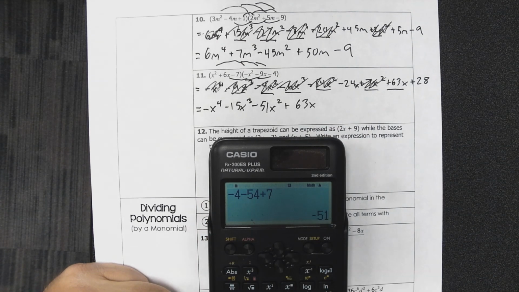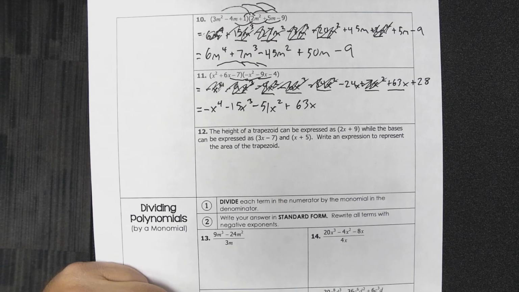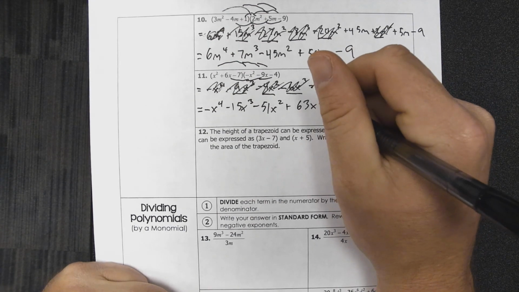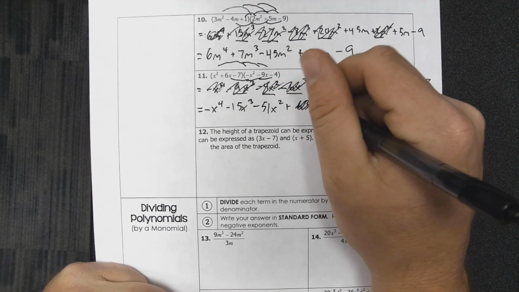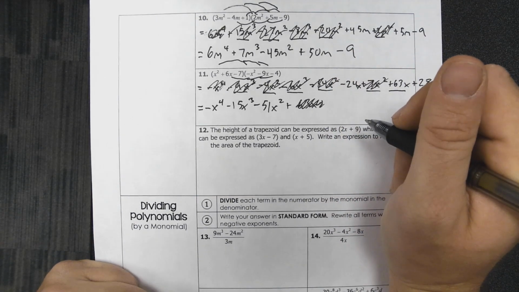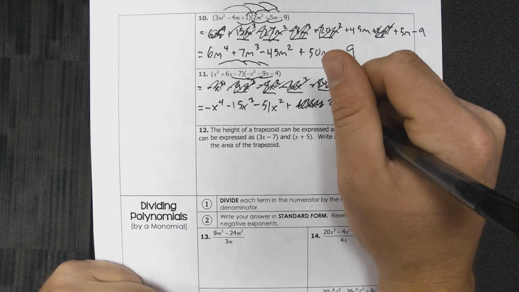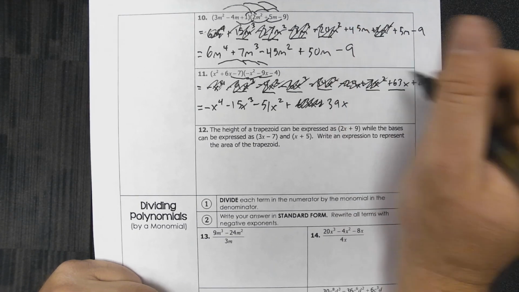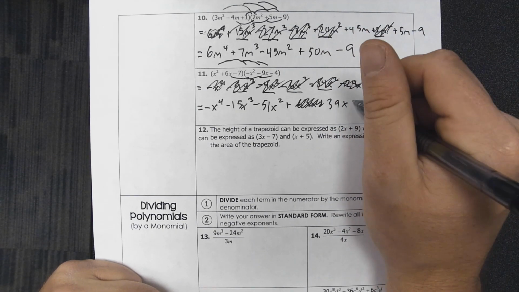So we combine those two. Negative 24 plus 63, which is 39x. Whoops. So that'd be 39x. Got those two, and then plus 28.